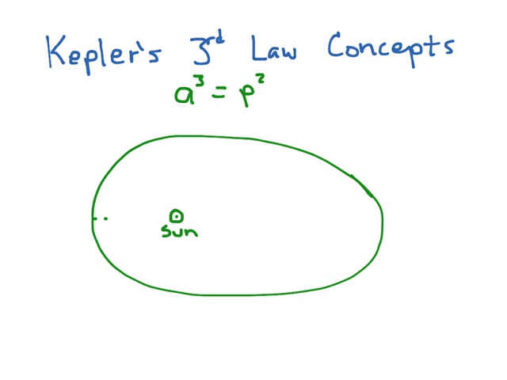So here's our sun and the orbit of a planet. Because the distance to the sun changes, we don't have one set number for the distance to the sun. So a is what's called the semi-major axis.